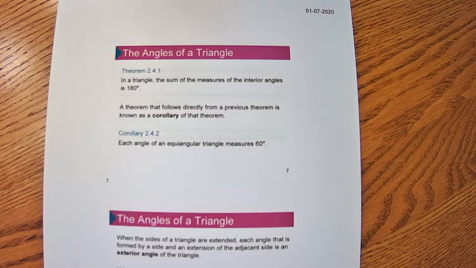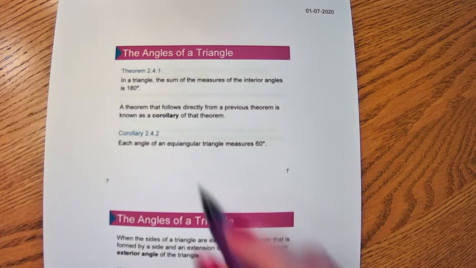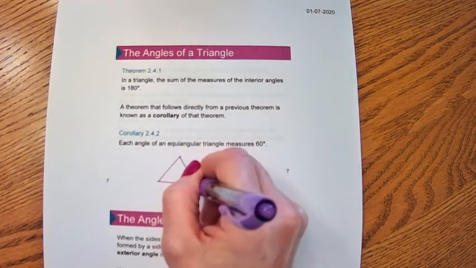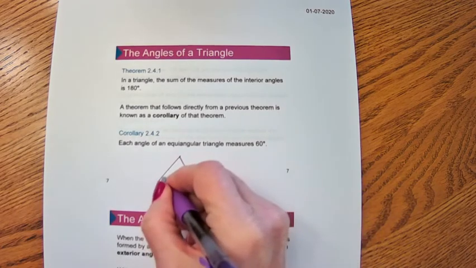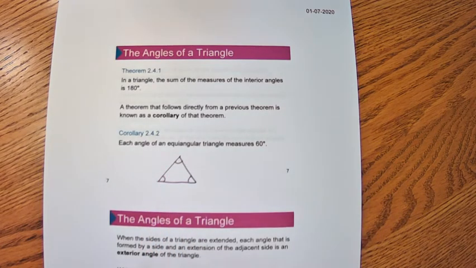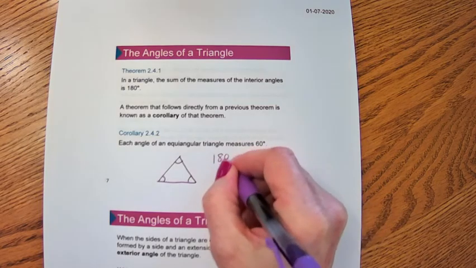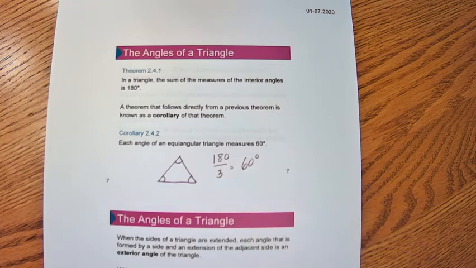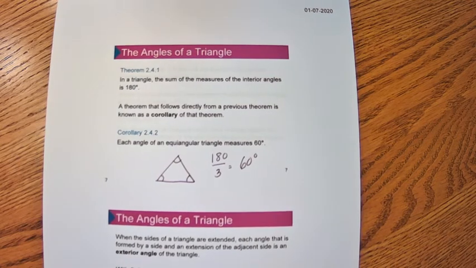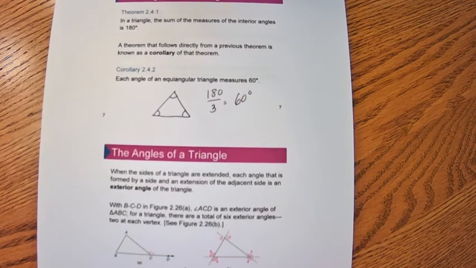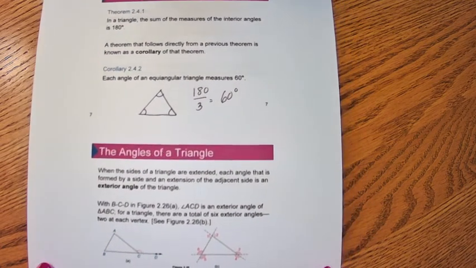And a corollary to that: if all the measures of the angles of a triangle equal 180, and I have an equiangular triangle, that must mean that each of those three angles is 60 degrees. So I already know that the measure of all the angles in an equiangular triangle is 60 degrees.